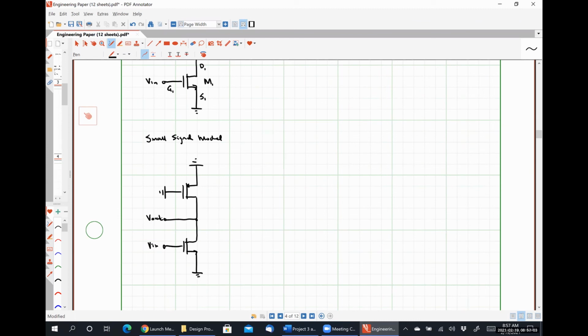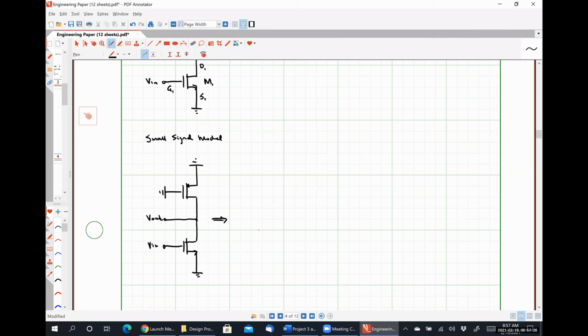Again, I'm just drawing the output voltage on the left-hand side for space saving reasons. Drawing the small signal model of this is a little bit complicated, so we're going to talk our way through it. The first thing I'm going to do is draw the small signal model for the NMOS transistor, because that's what we're more familiar with.